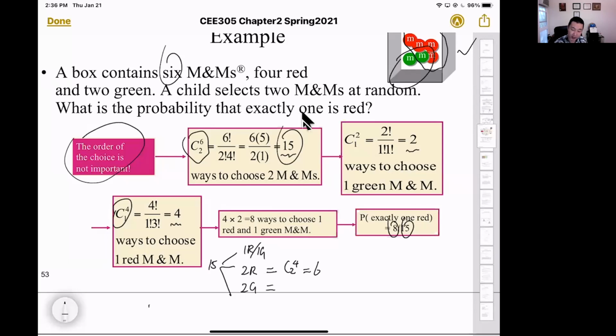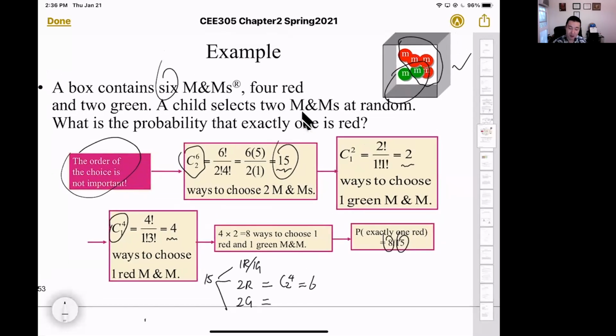Look at the box, we only have 2 green, so there is only 1 way. We have 2 green candies and we pick 2, so C(2, 2) is equal to 1.